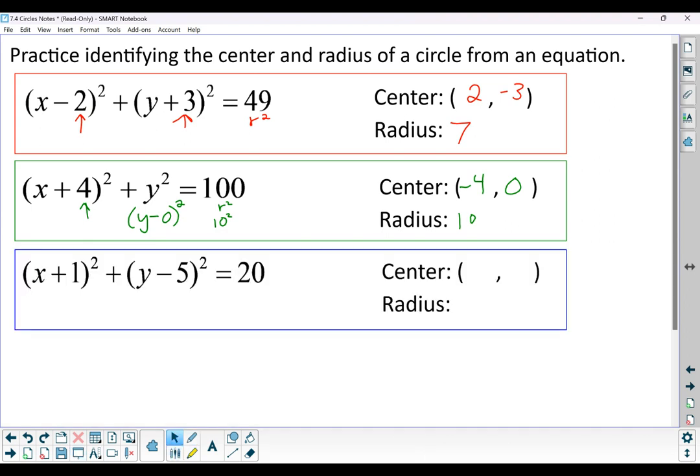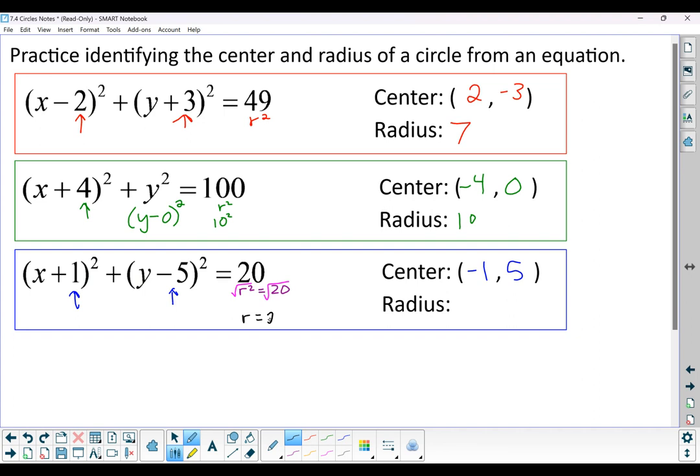All right, the last one, we look first for the center. This one has a center at (−1, 5). The radius squared is 20. 20 is not a perfect square though, so we would have to take the square root of 20 to figure out the length of the radius.